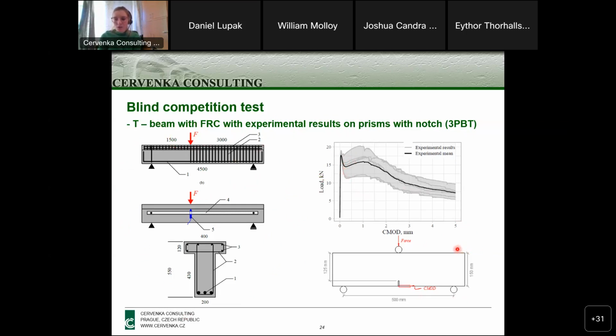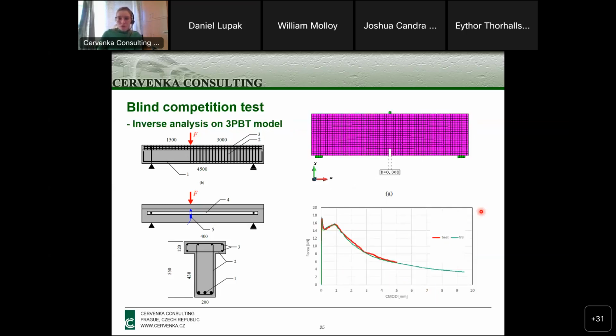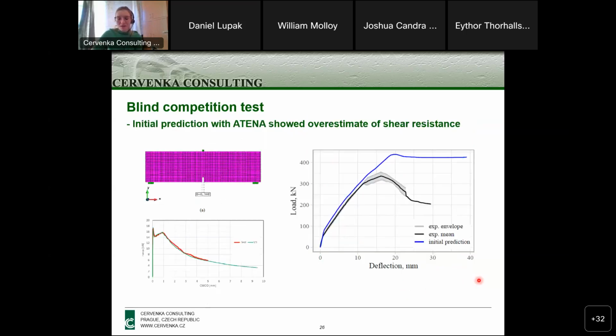And those experimental results were from the 3-point bending test with the notch. And here you can see that through the inverse analysis in ATENA, we got the proper material model, and then we were running the calculation, the simulation of the T-beam.